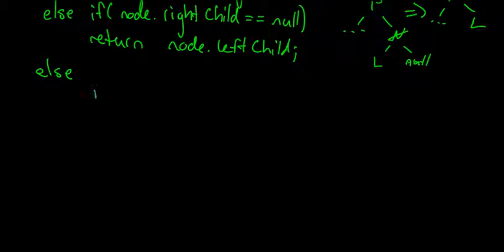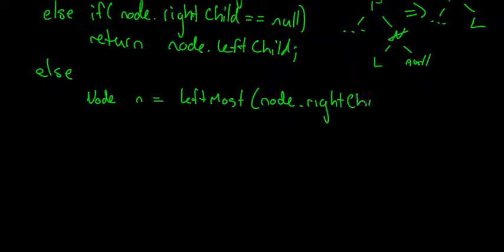So let's say we will store the new node, we'll just call it n, the leftmost of our current node's right child, which will be a leaf. We'll simply store that.